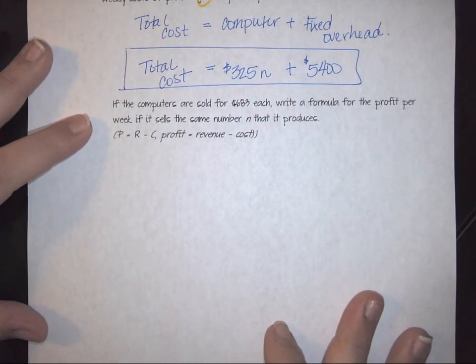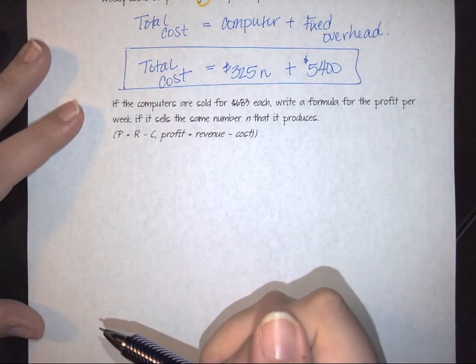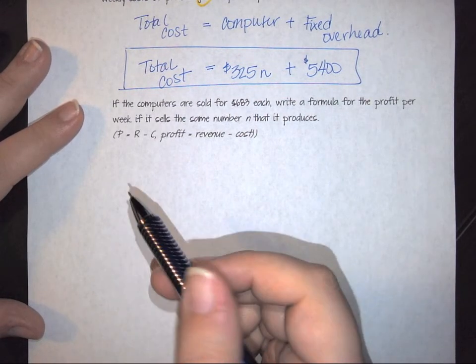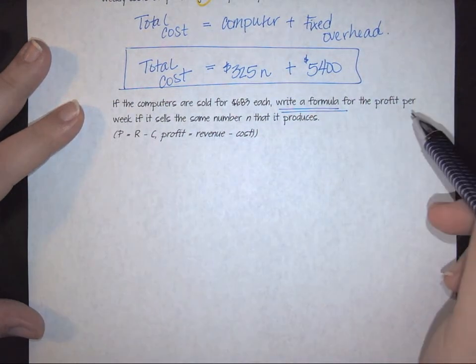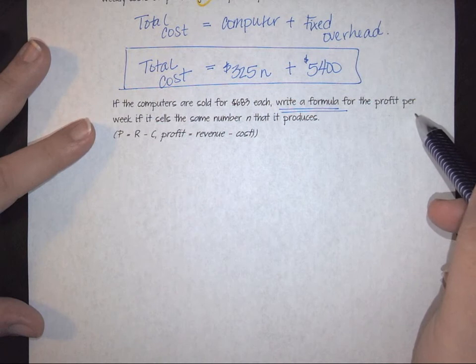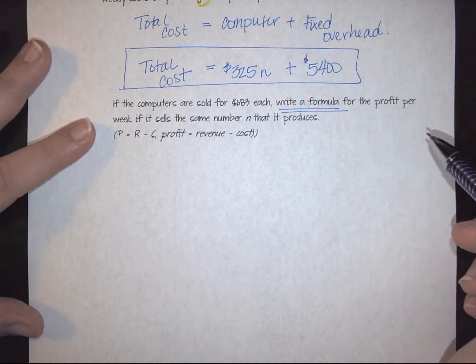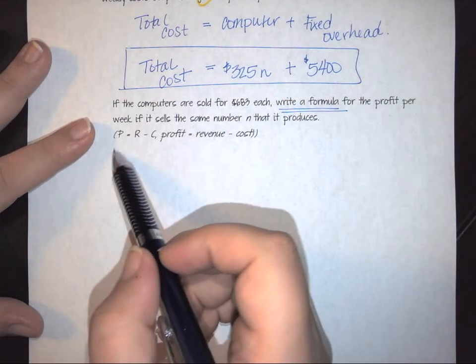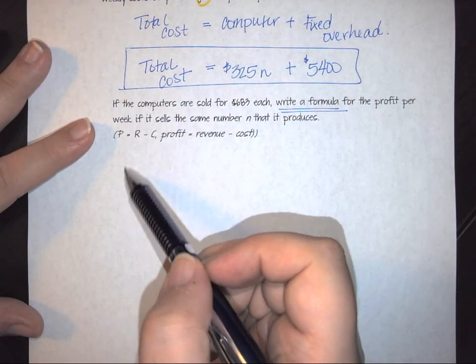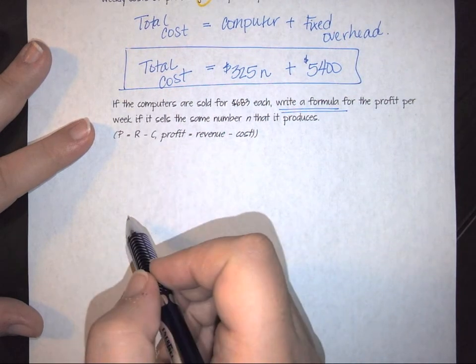Now the second part says if the computers are sold for $683 each, write a formula. So all we're doing is writing the formula for the profit per week if it sells the same number n that it produces. So here we have P = R - C, so P is profit, R is revenue, and C is cost.